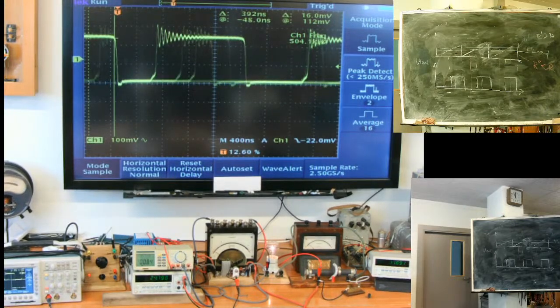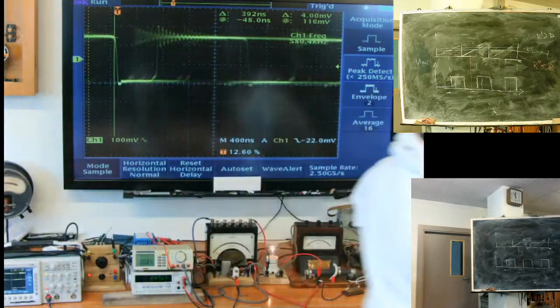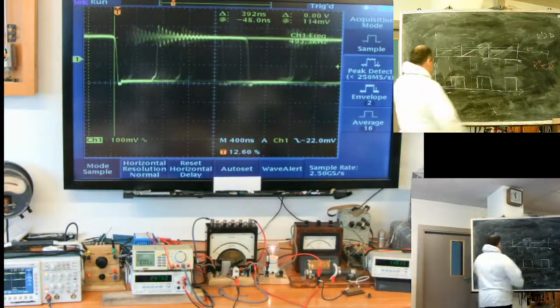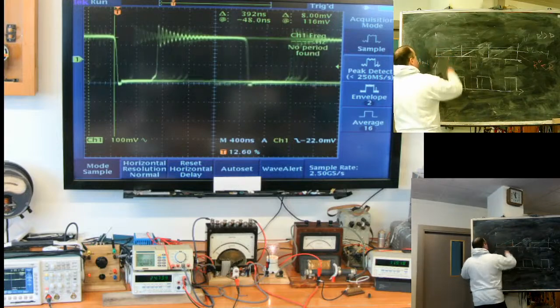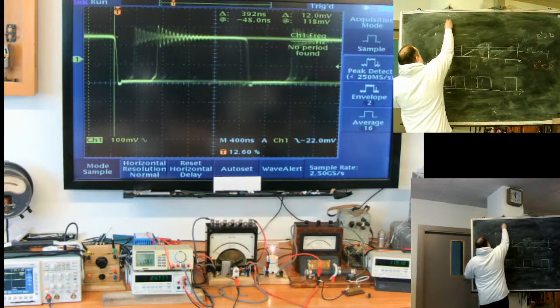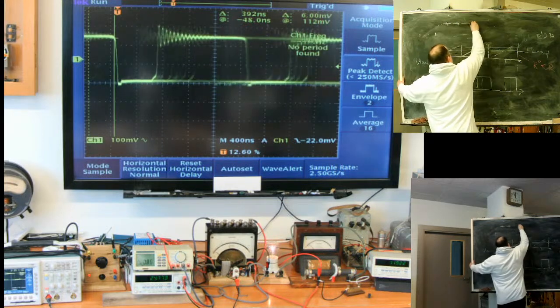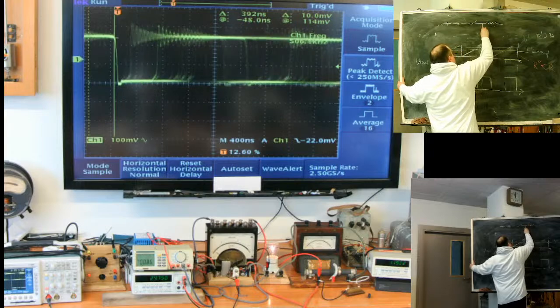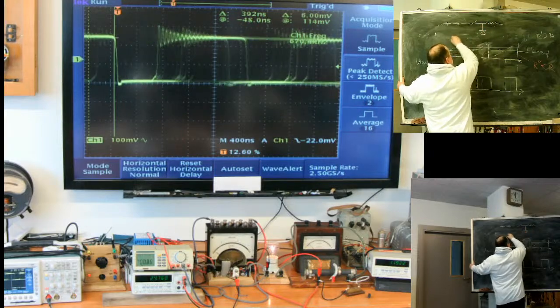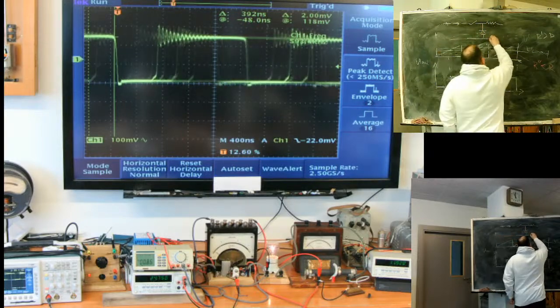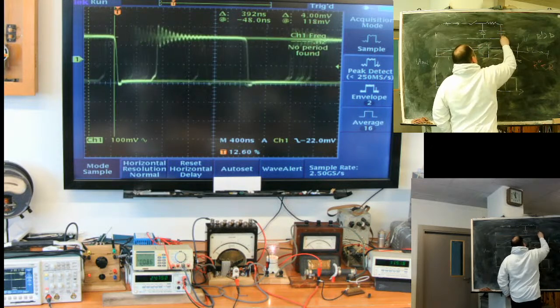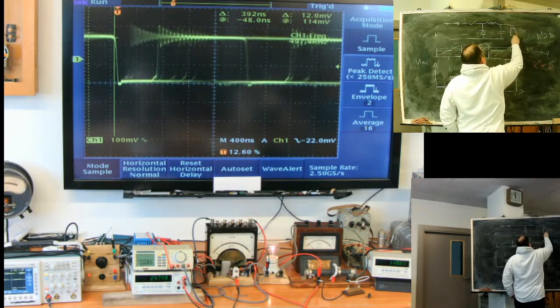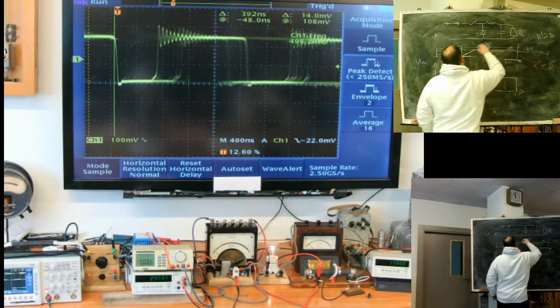It's a coil voltage. Supply, switch, discharge diode, not to kill the capacitor, and the load.